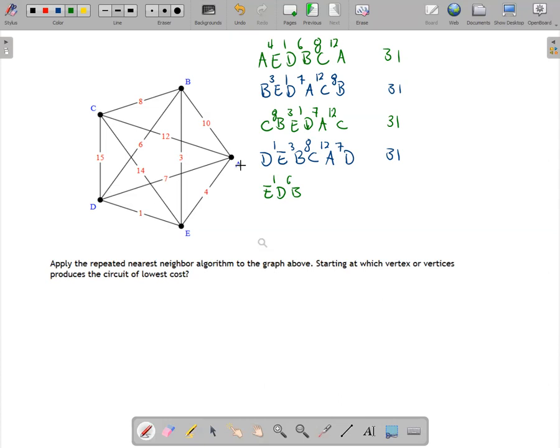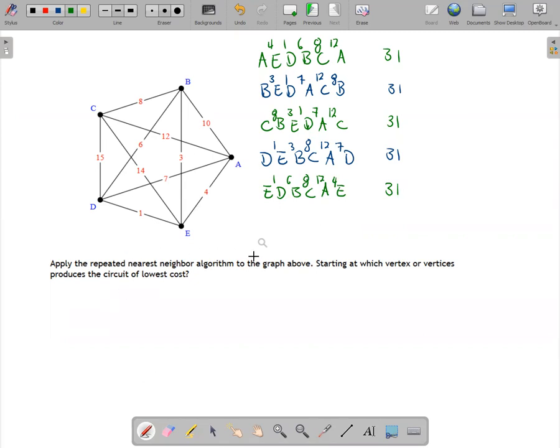I could go to C or A, so I'm going to have to go to C. It's cheapest from B. And then from C, I haven't hit A, and I'm getting close to the end here, so I have to hit A. C to A is 12, and then finally back to E. A to E is 7, 15, 27, and 4. Every one of them is 31. Wow, that's kind of cool.